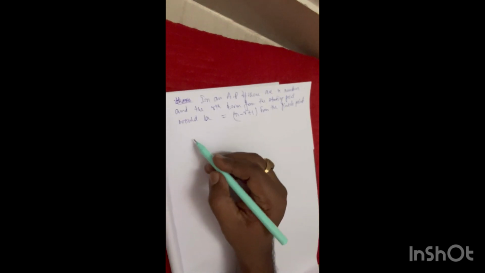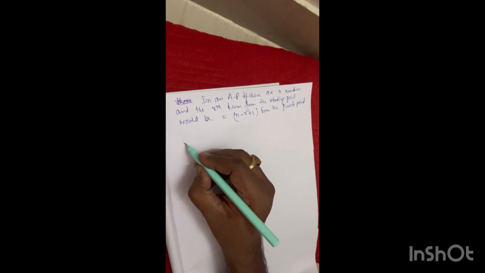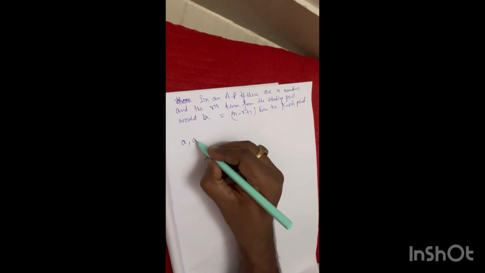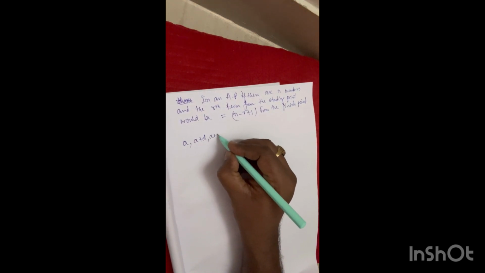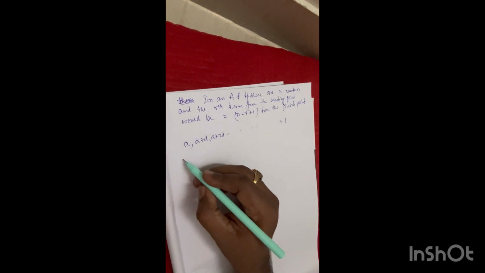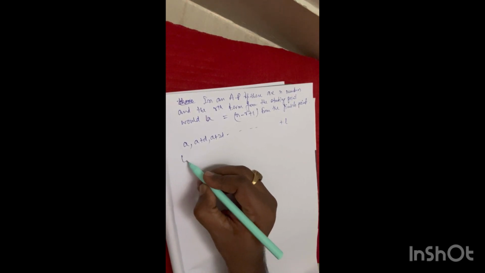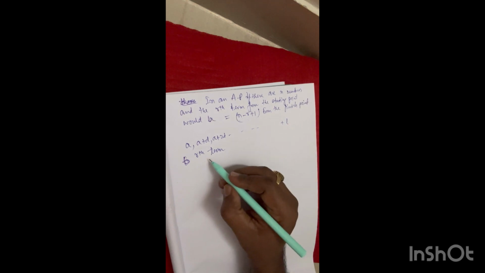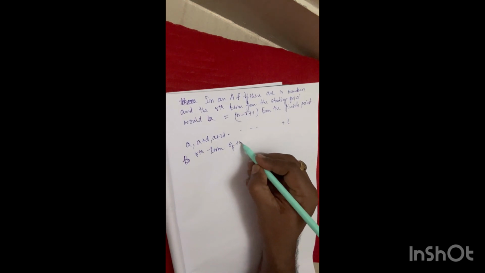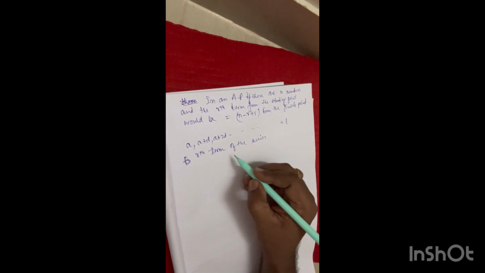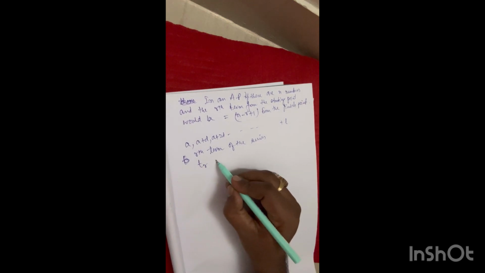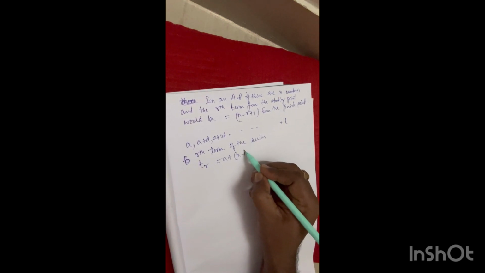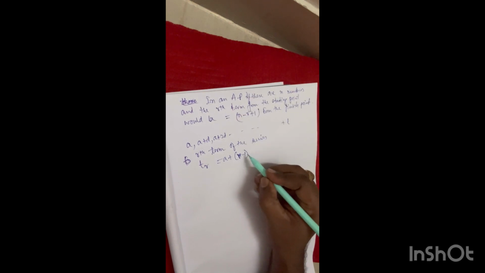So if I say in an AP series, which is being represented by a, a plus d, a plus 2d, dot dot dot, and the last term is l, then the rth term of the series can be represented as tr is equal to a plus r minus 1 into d.